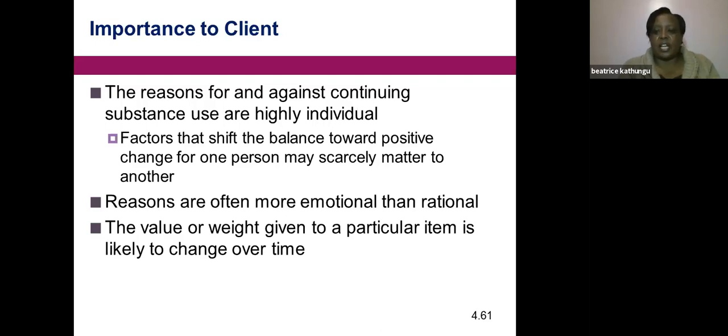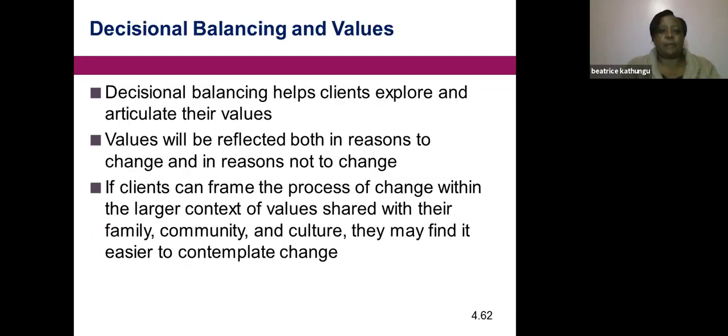Well, at the beginning, remember rolling with resistance. You're going to roll with that. But as time goes on, the value and weight given to that particular item by the client is likely to change. So we won't give up. We will keep on revisiting it and checking where the client is in terms of change in their values for the items that they are associating with the substance.